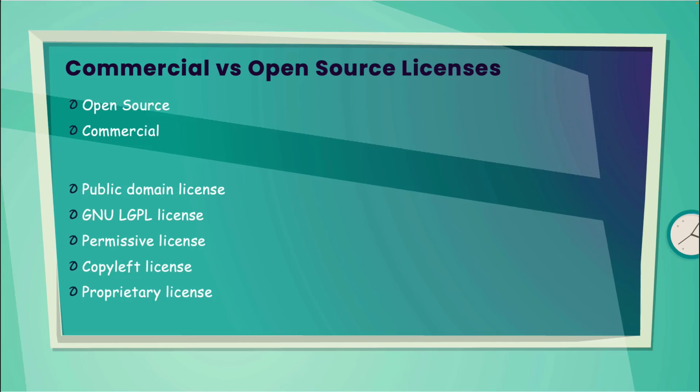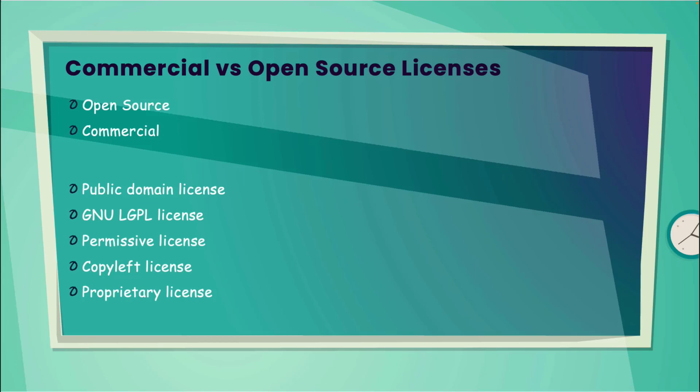The second type is GNU LGPL. It's essentially the same as public domain software, but it also offers a warranty. You will still be able to modify and reuse the code without any problems. The third type is permissive license, which allows for any type of modification as long as the original license is acknowledged.